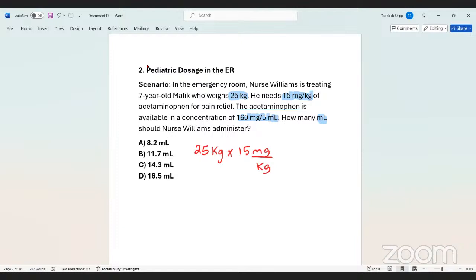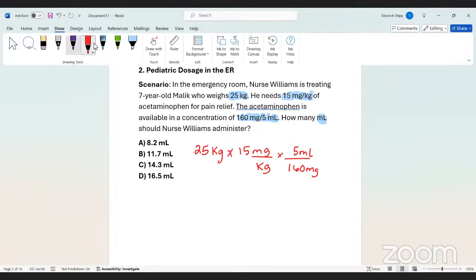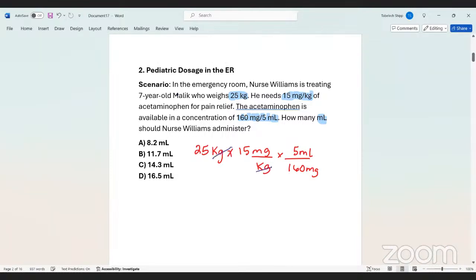Similar to what T. Coop just said, you can take the 160 milligrams and put that on the very bottom, and on the very top, the 5 milliliters. Let me show you why we're doing it this way, because you can still cross out your like terms: kilograms, kilograms, milligrams, milligrams. That's another way to do the problem.